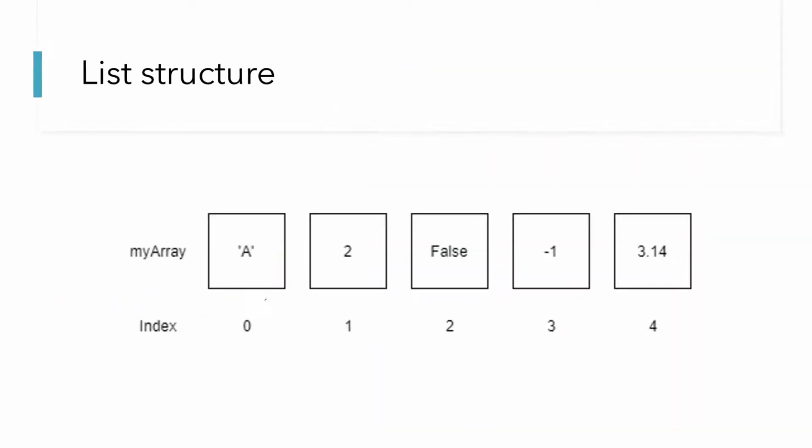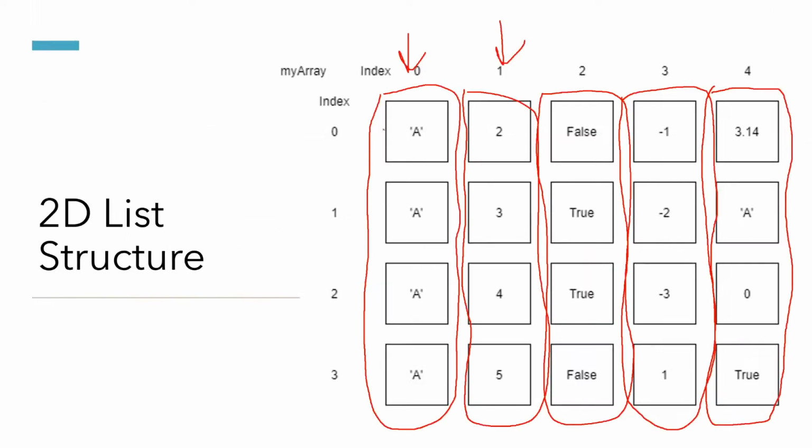Earlier, index 0 just pointed to a single object, but now index 0 points to a whole other list, which also has an index 0, 1, 2, 3. Index 1 points to the second object in the list, which happens to be another list with its own indices, and so on and so forth.